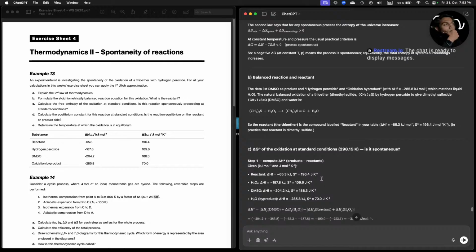Reactant delta HF equals minus 65.3 kilojoules. S0, what's S0? 196.4 joules per Kelvin.